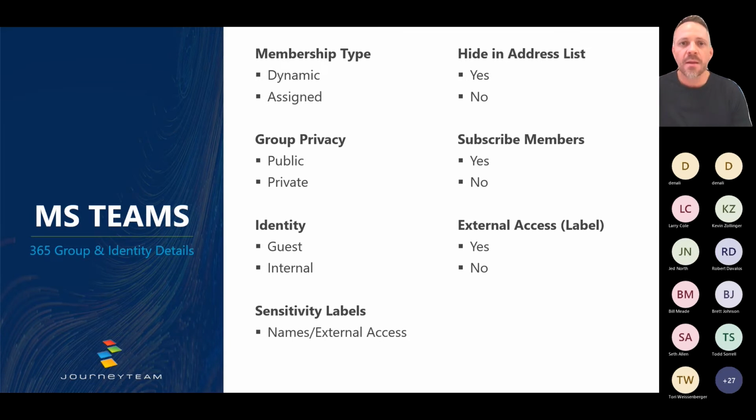Simplest example, if department on my Active Directory profile is equal to human resources, I am automatically added to the HR 365 security group. Onboarding, done. All that IT had to do is create my identity. And now all of a sudden, I'm in the team for HR.